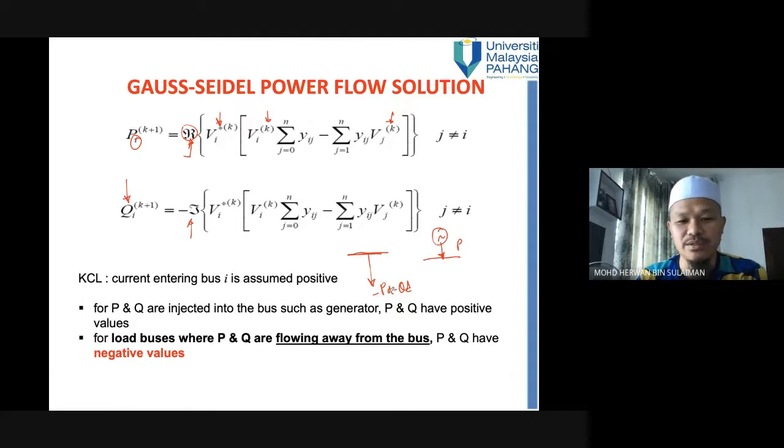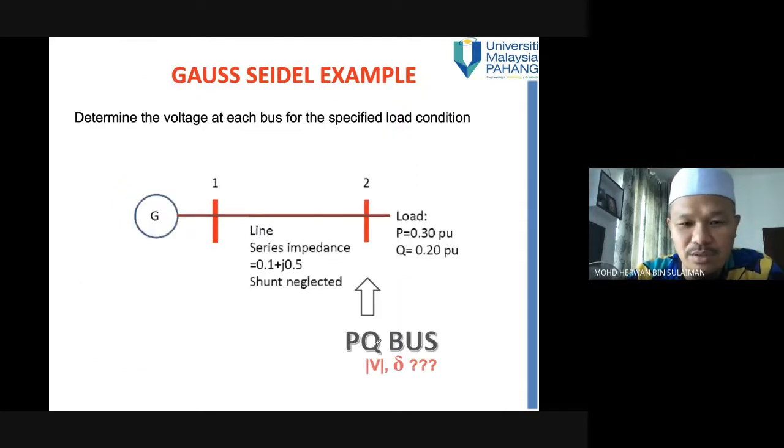So we assume that it absorbs the current. That's why for the load, your P must be negative. So negative values for the P and Q for the load bus because it's flowing away from the bus.